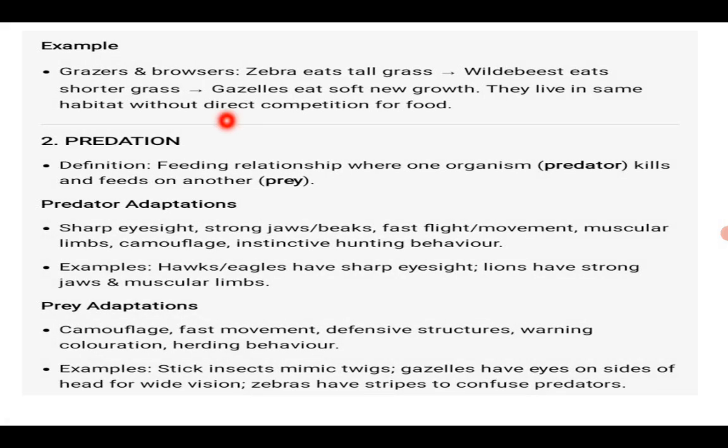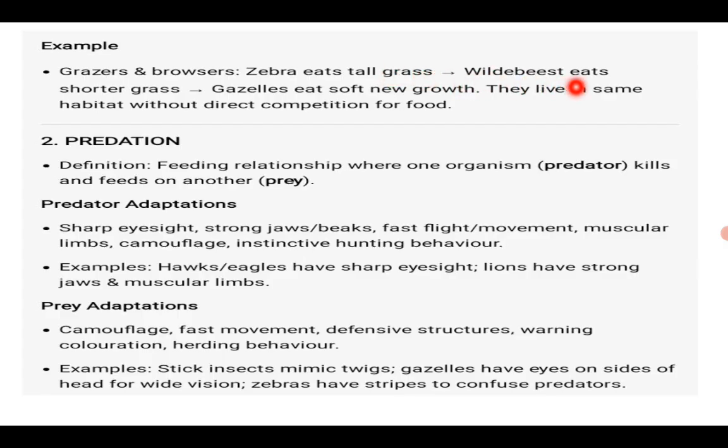Another example, let's say grazers and browsers. Grazers are those that eat tall grass. For example, zebras eat tall grass.